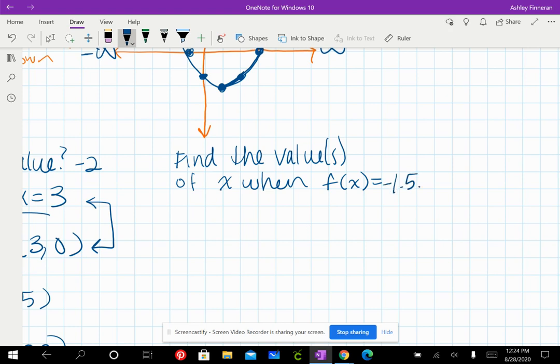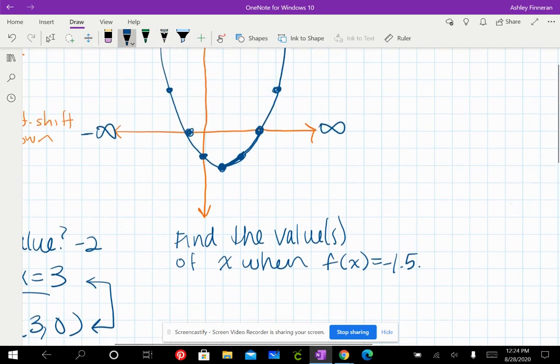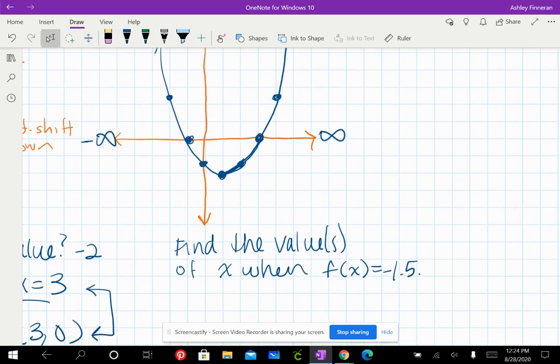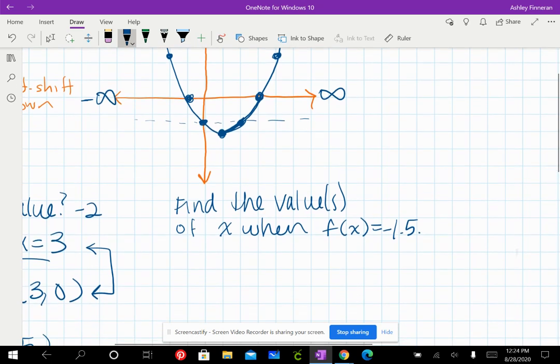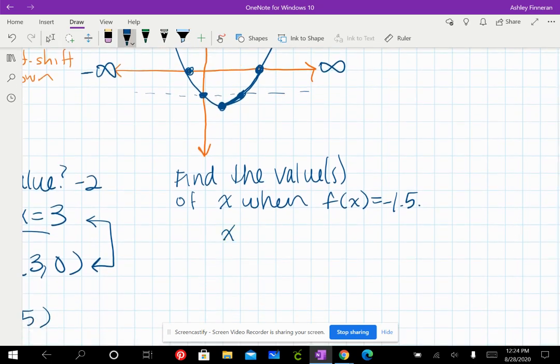So again, you could set y equal to -1.5 and solve the equation in this case, or we could come up to our graph and look when y is -1.5, and that would be at x equals 0 and x equals 2. You could solve it algebraically, or you could solve using the graph.